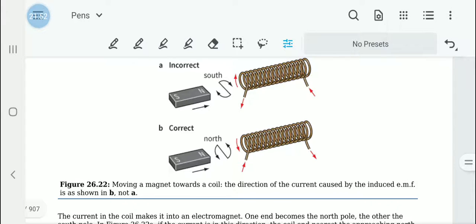If the coil or the wire gets attracted to the magnet without any energy being provided, electrical energy would be produced from nothing, because that is an impossibility.